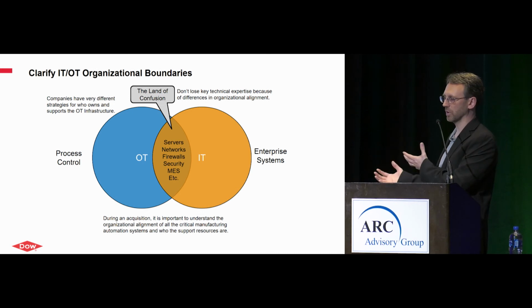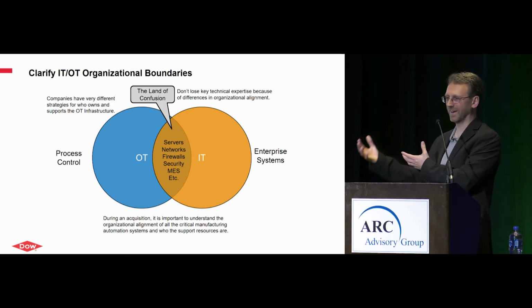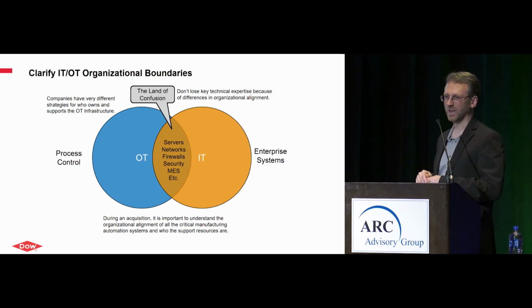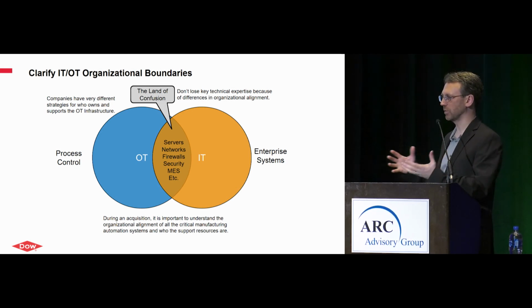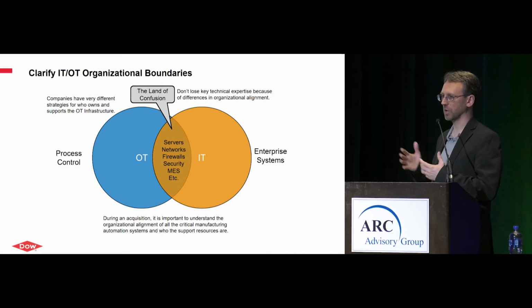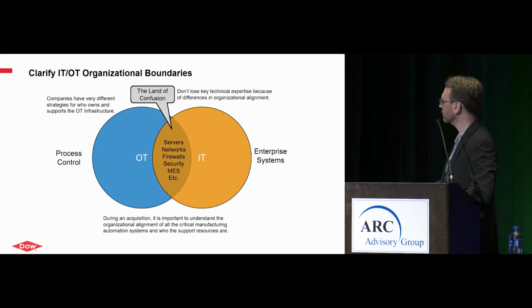Sometimes the organization that needed a resource didn't know that they needed that resource. And so as you do the reshuffling of the people in an organization, it's very easy to lose sight of some key people that are supporting mission critical applications. And so the land of confusion in the middle there is all of that complex space.